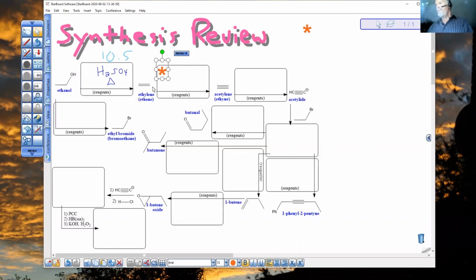I don't think we have ways of doing that directly. But if I can put a halogen on each side, that means I can do an elimination reaction on each side. And each time we do an elimination reaction, we make a pi bond.